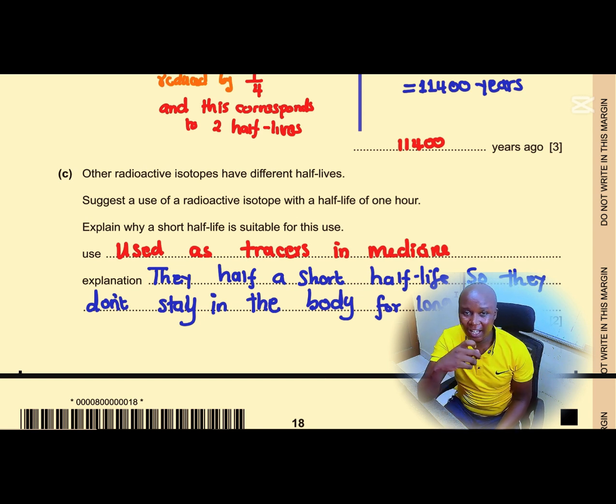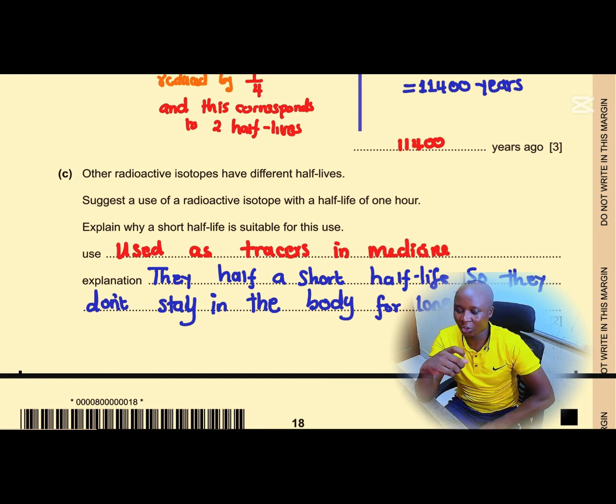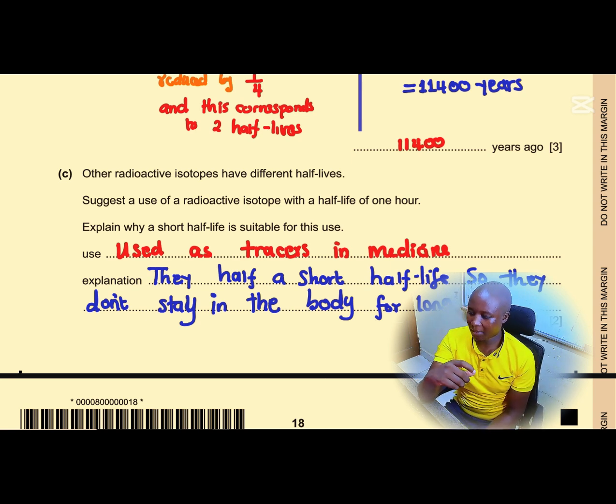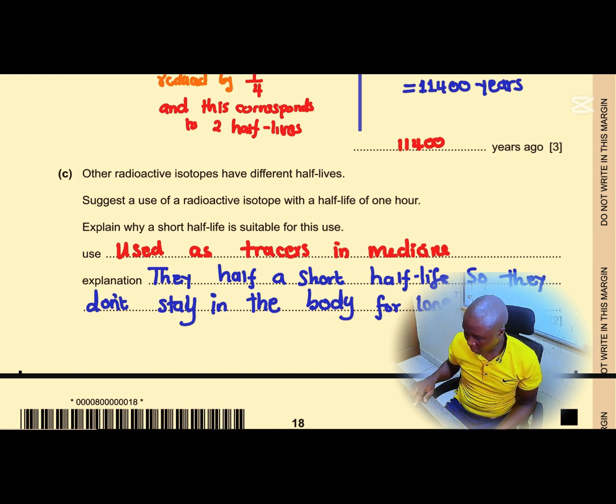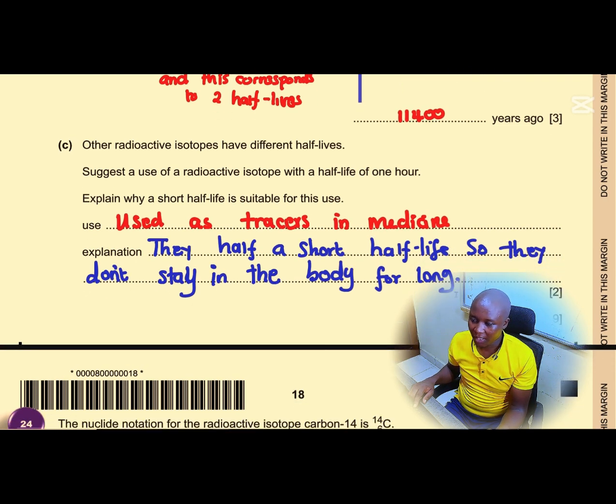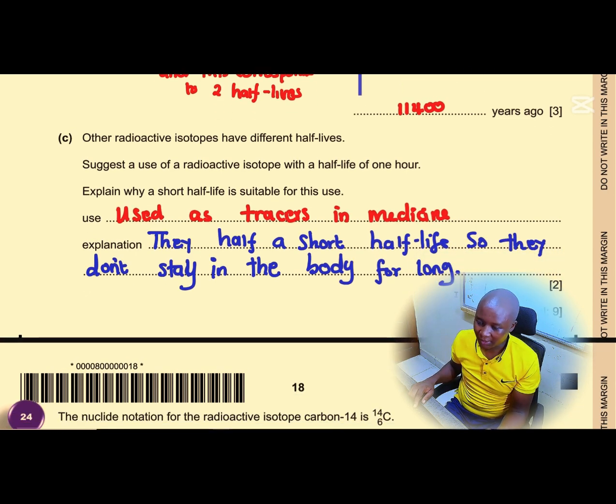Radioactive tracers must have a short half-life. If they have a short half-life, it means that they can disappear from the body, or their effect can decrease within a short period of time. So when they have a short half-life, they can be used as tracers in medicine, and they don't stay in the body for long.